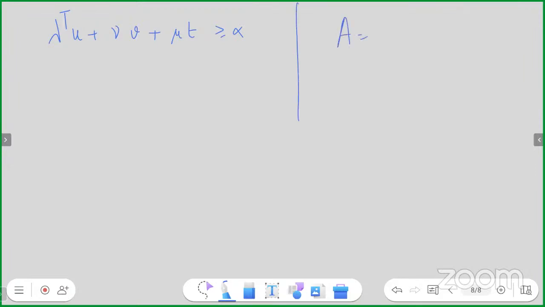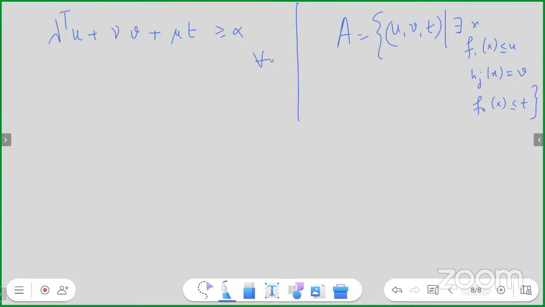But this is true for all U, V, T belonging to A. Yes, so just take the increment; for the increment also it has been true.